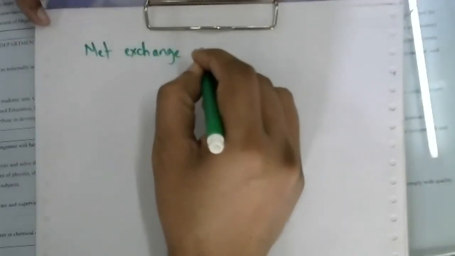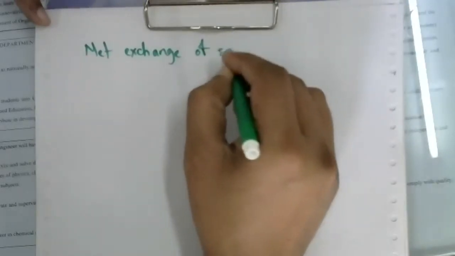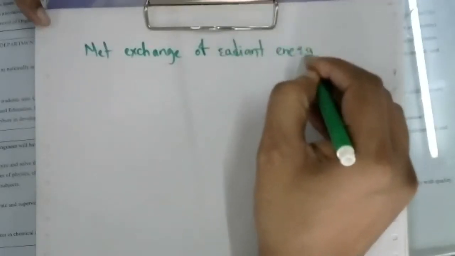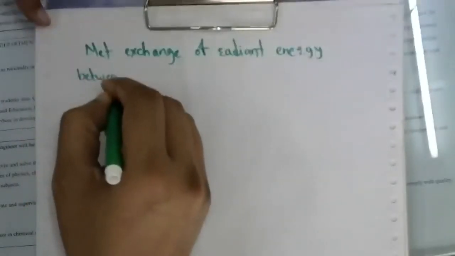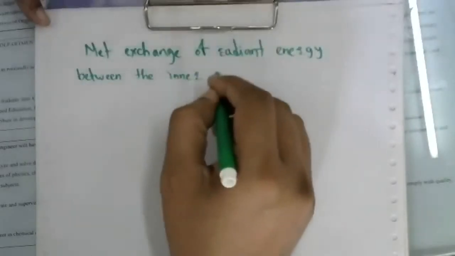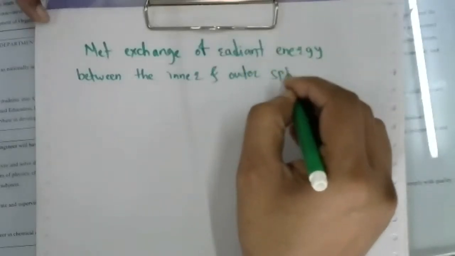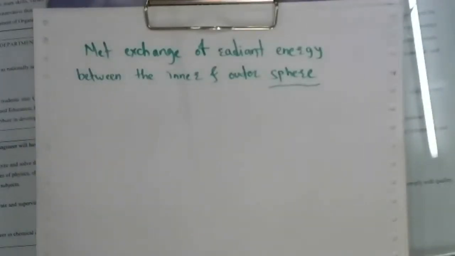Net exchange of radiant energy between the inner and outer sphere, right? So for inner sphere radius is r1, for outer sphere radius is r2.